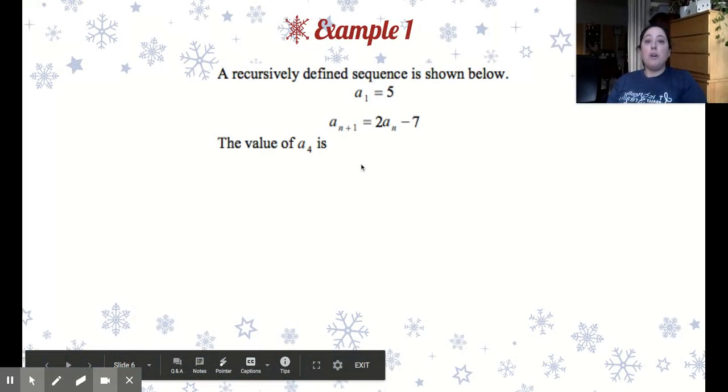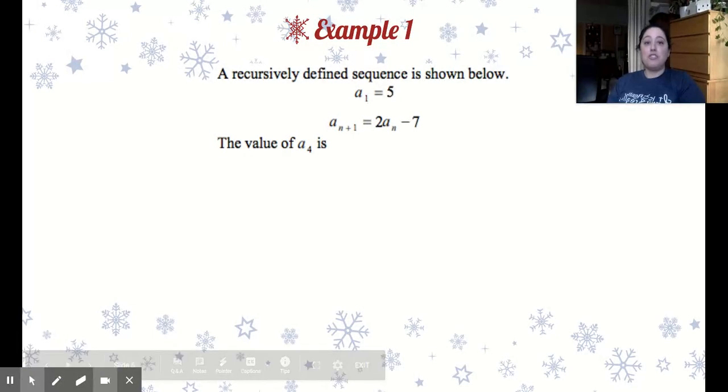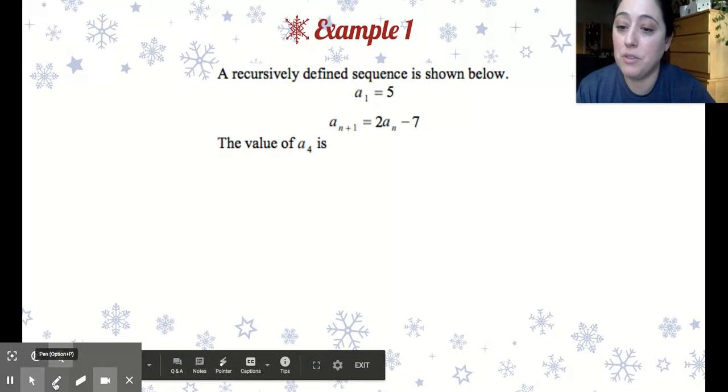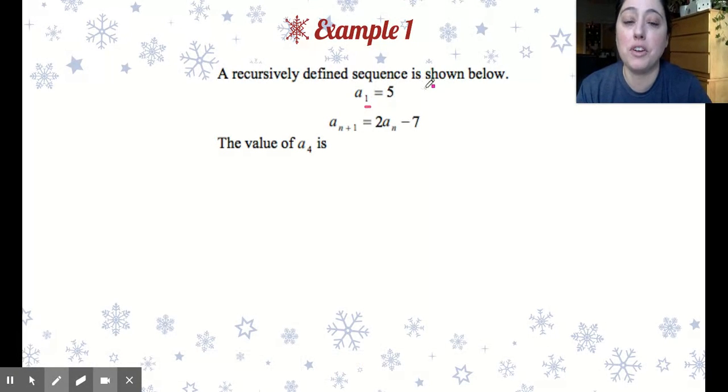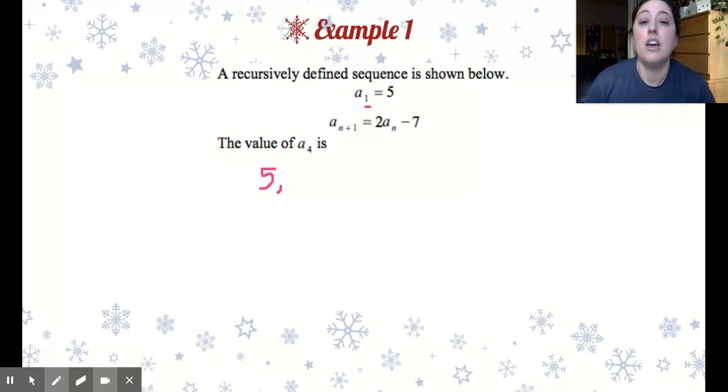Okay, so a recursively defined sequence is shown below. So this right here, this little one tells you the first term is 5. So if I were writing these as a sequence, just a list of numbers, I would put 5 first. All right, so now this n plus 1, and you might have to review yesterday's work, tells you that this is the next term, okay?